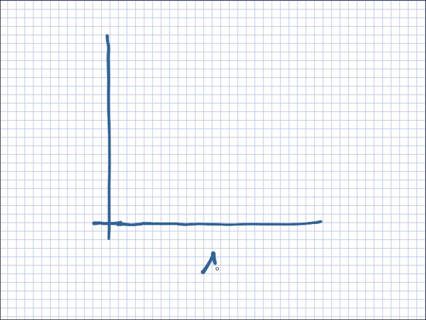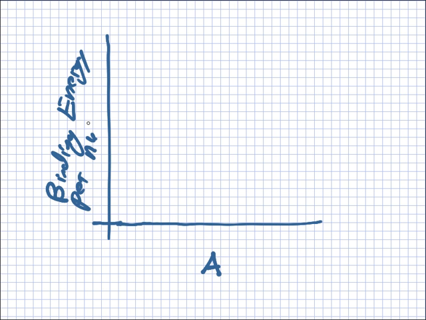So here is the nucleon number, and here is the binding energy per nucleon, and the graph you need to draw should go up like this to a point and then slowly come down.